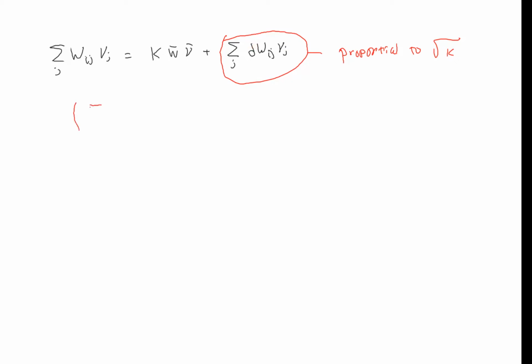So we're going to square it. The sum on j of delta wij nu j.